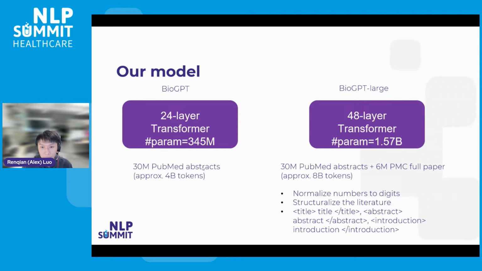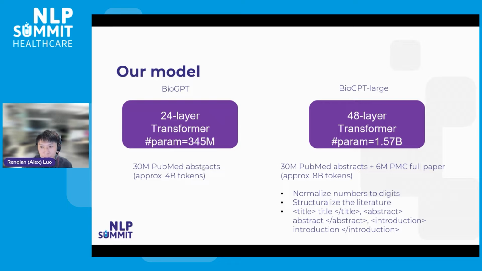BioGPT is a 24-layer transformer decoder model with 345 million parameters, which is trained on 30 million PubMed abstracts, that is approximately 4 billion tokens. And the large version is a 48-layer transformer decoder-only model with 1.57 billion parameters trained on an additional 6 million PMC full paper dataset with approximately 8 billion tokens. That is twice as much as the previous one.